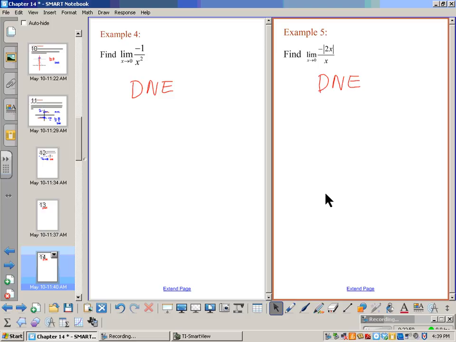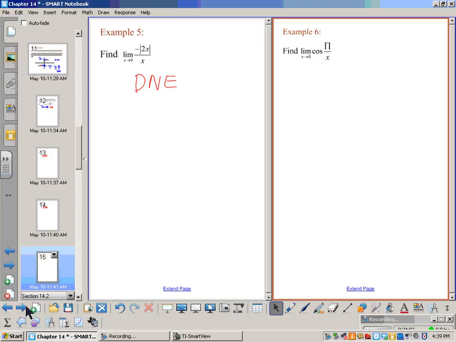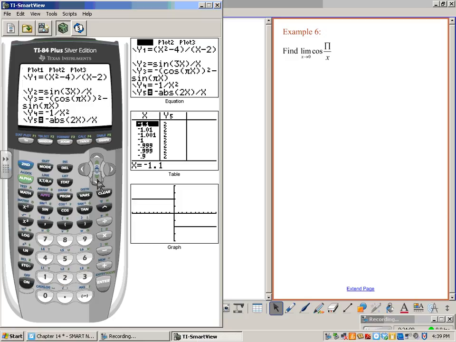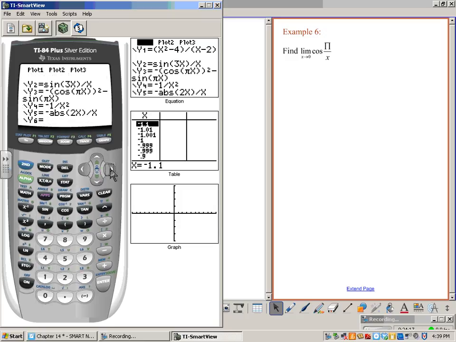Okay, and then we've got one more example. And again, we're going to look at a graph. Okay, so we have cosine of pi over x. And since we're dealing with cosine, let's do zoom trig again.